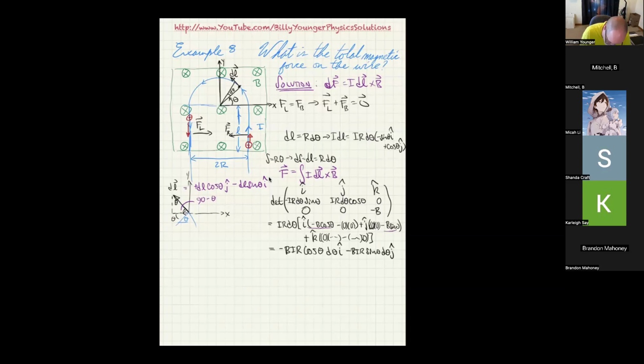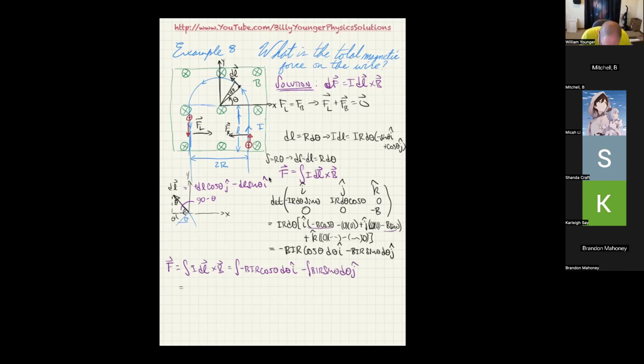So now I can say F is equal to the integral of I dl cross B, which equals the integral of negative B I r cosine theta d theta i hat minus the integral of B I r sine theta d theta j hat.